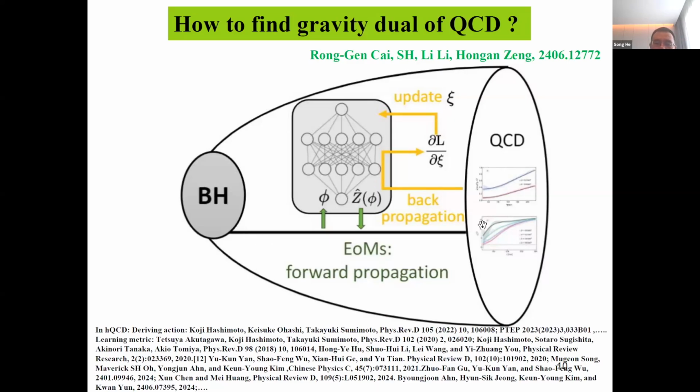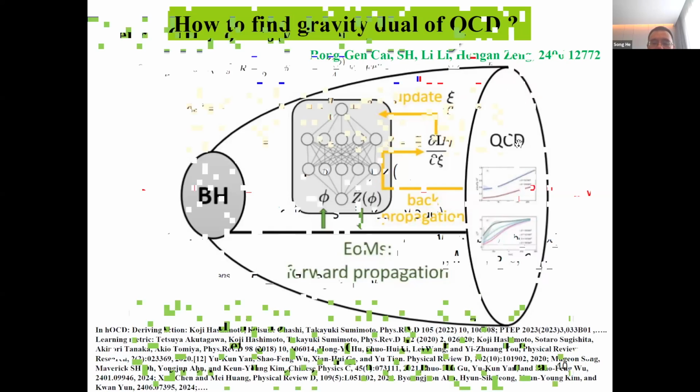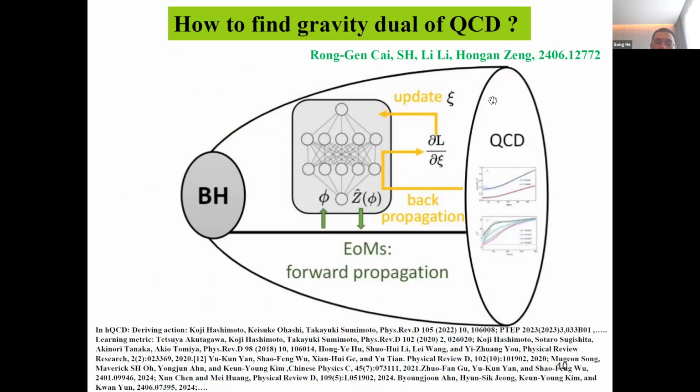If you want to realistically work out the QCD data and compare with realistic QCD data, you can find some matching or data fitting close to the UV boundary region, and it's highly sensitive. We need highly precise data, highly precise numerical simulation.